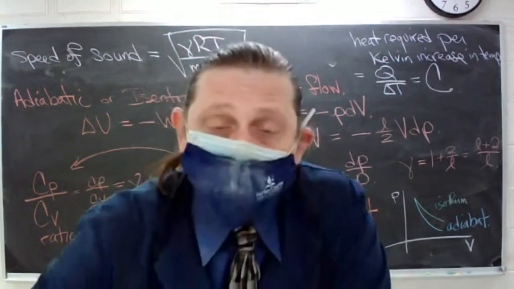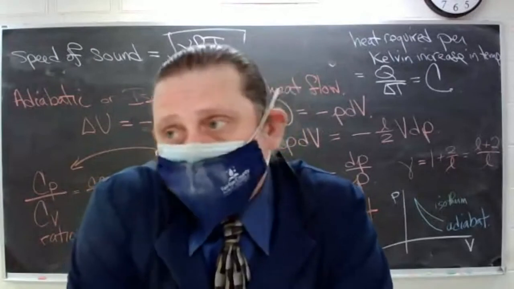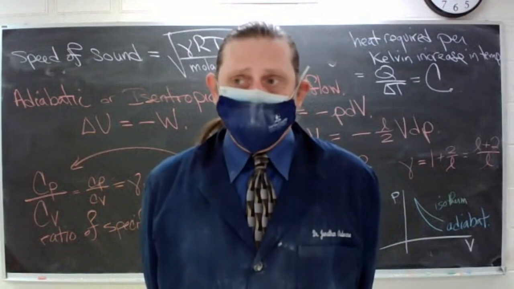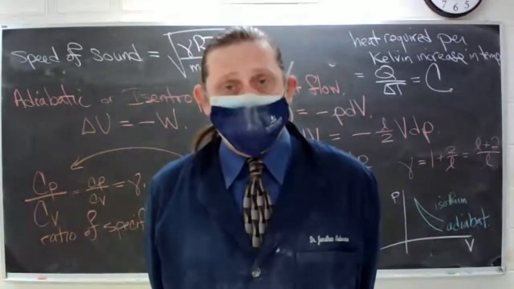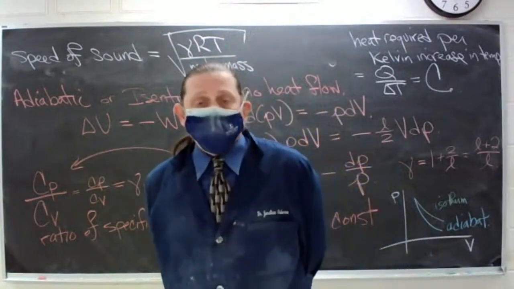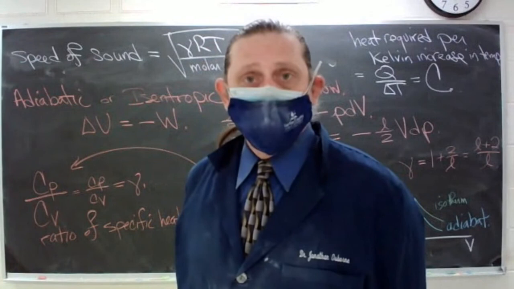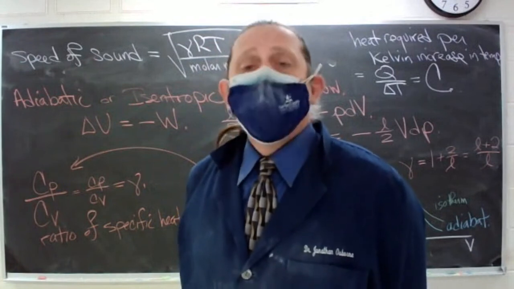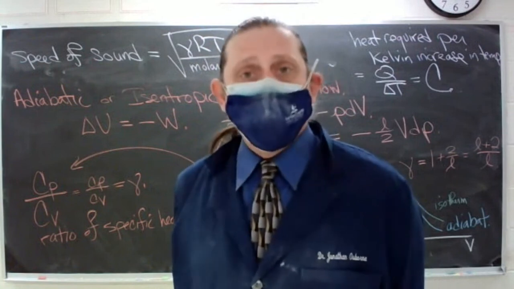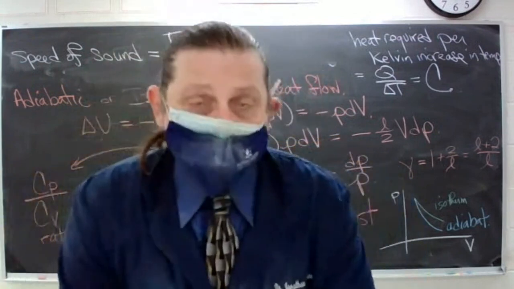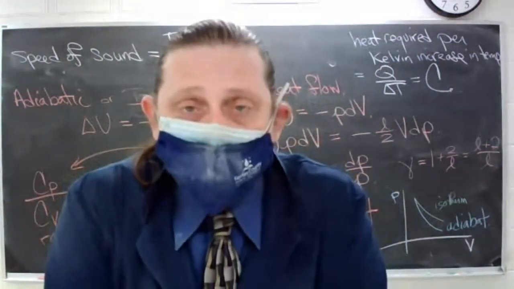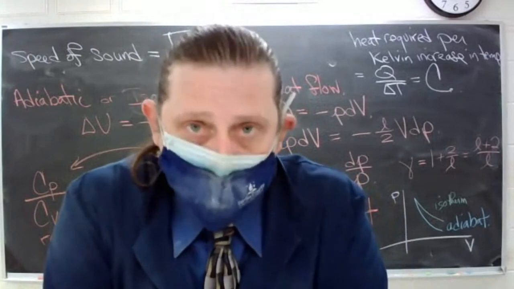All right, so those are some of the processes, the important ones, that we can have an ideal gas undertake. As I said before, we can make the most efficient heat engine by employing isothermal processes and this other process, adiabatic. So isothermal processes are processes in which all of the heat energy is turned into useful work.